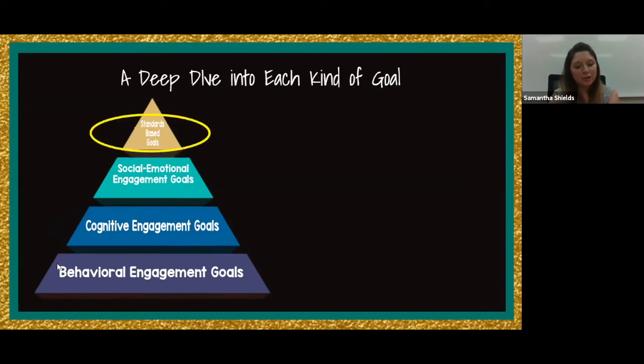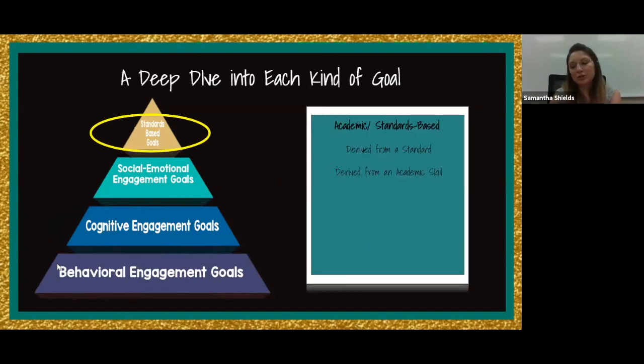And then you have your standards-based goals. These are areas that you might coach into that are derived from a standard, or they're derived from some other academic skill. So you're going to try and tie it to a standard, but it might be around another skill.